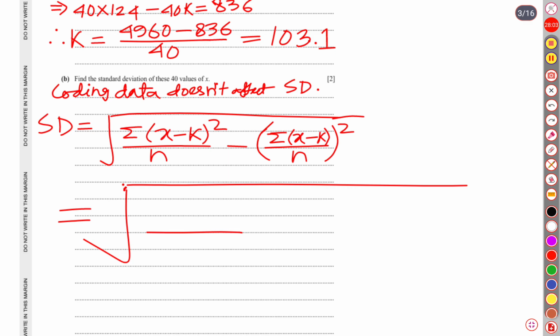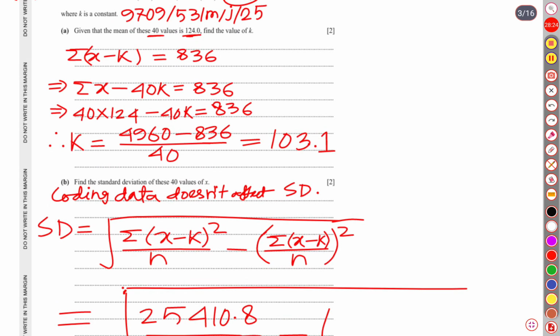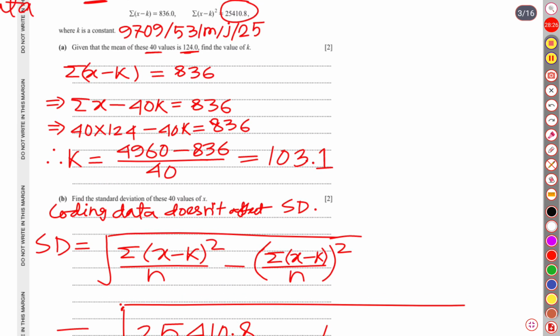So it is 25410.8 over 40, minus the sum of (x minus k) over 40, which is given as 836.